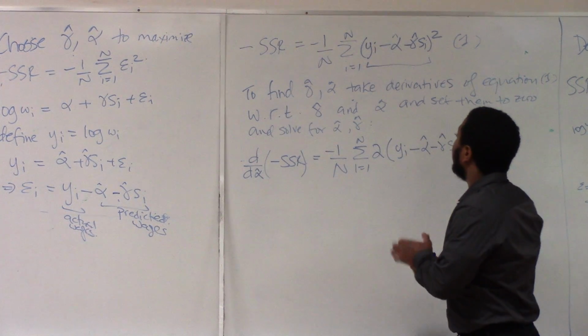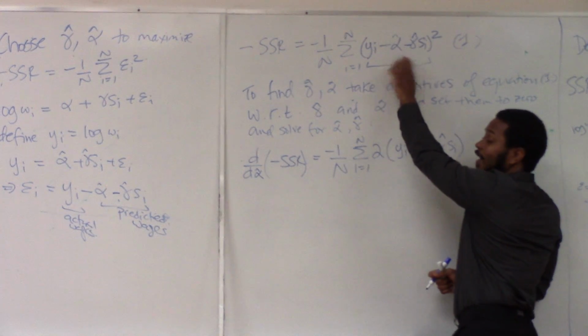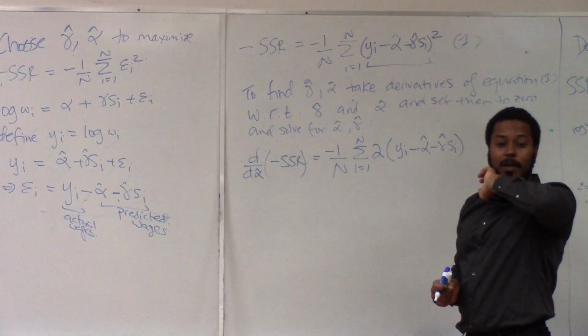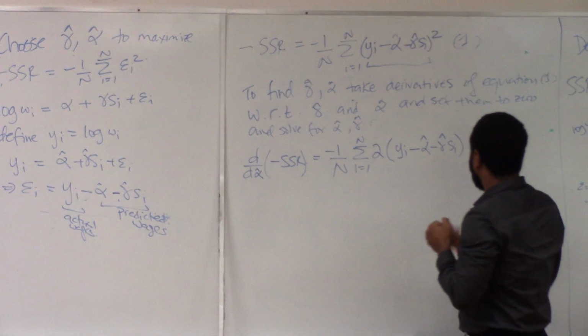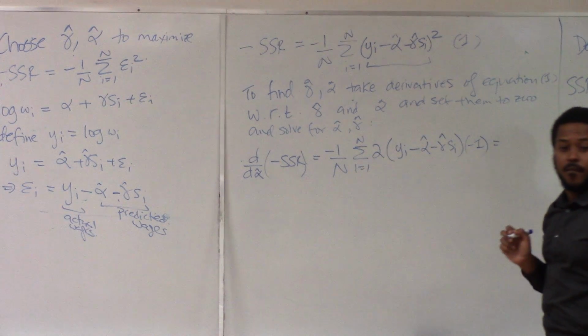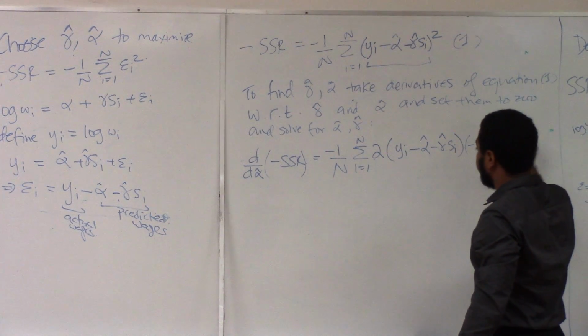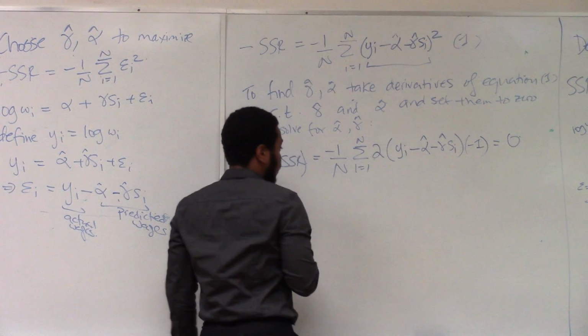And the only term on the inside that depends on alpha hat is this minus alpha hat. So what's the derivative of minus alpha hat with respect to alpha hat? It's minus 1. So we multiply this by minus 1. And we set this equal to what? 0, right? Okay, good.